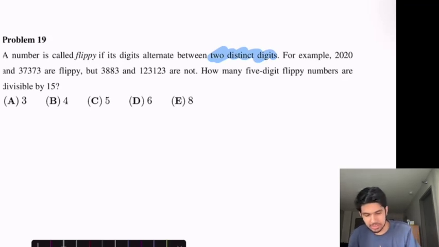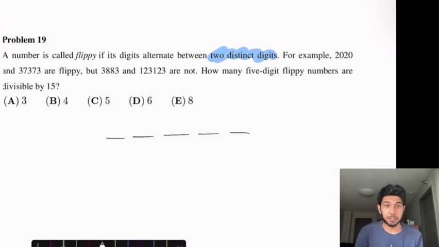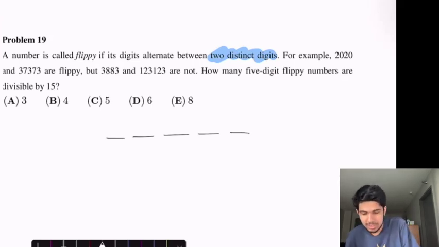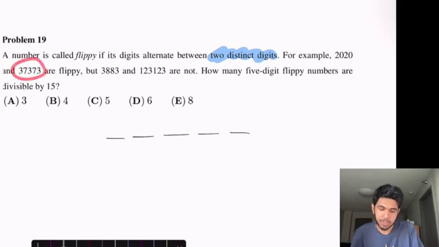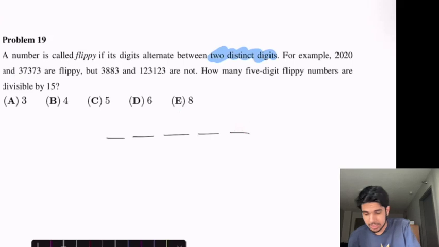Okay, so first let's draw some spaces that we would like to fill in with digits to construct a 5-digit flippy number. Okay, so the digits alternate. So we can look at 37373, for example. Whatever the first digit is, that must be the same as the third digit and also the fifth digit, as we see here.